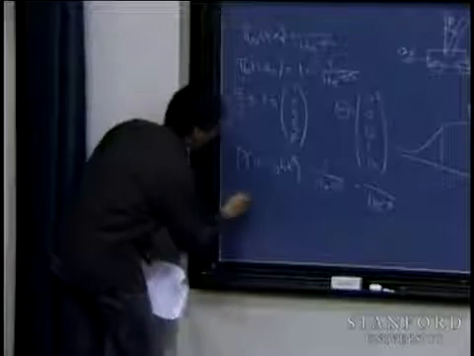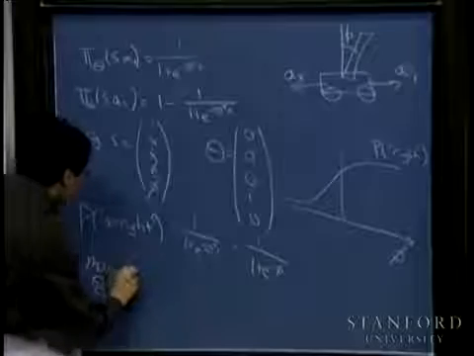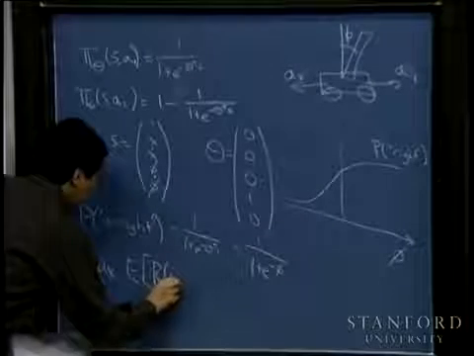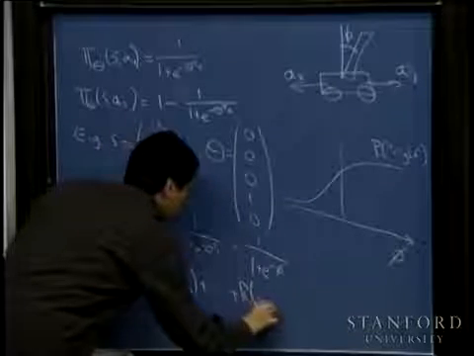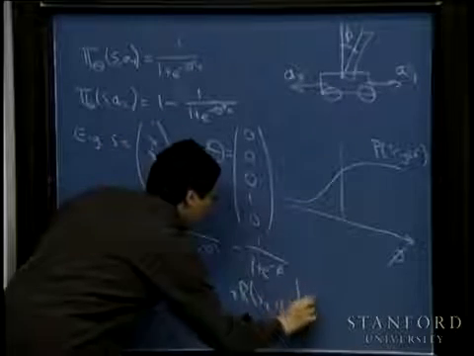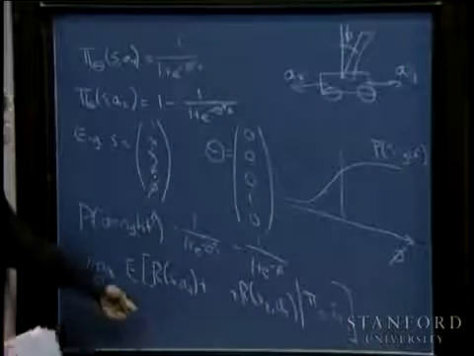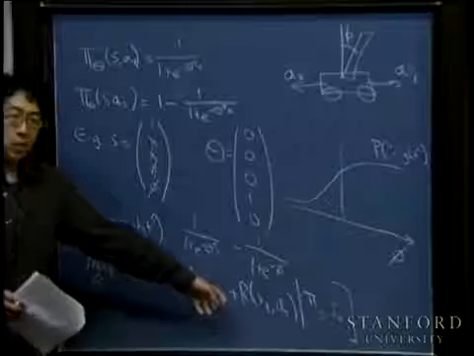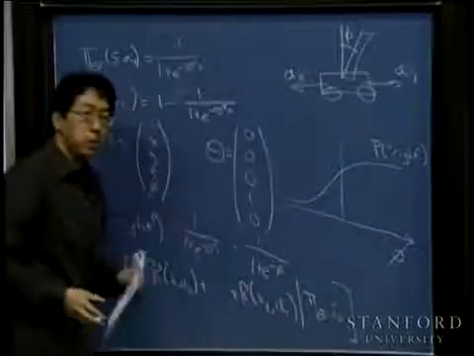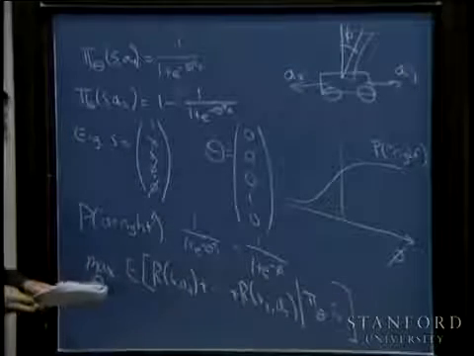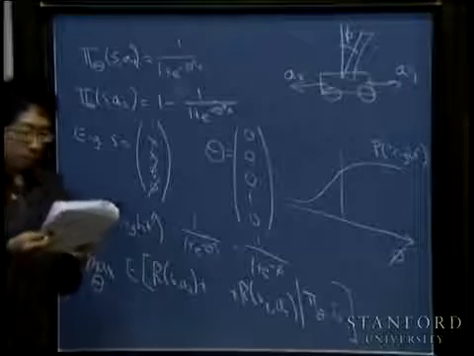Or in other words, our goal is to maximize as a function of theta the expected value of the payoff for when we execute the policy pi theta, and want to choose parameters theta to maximize that.